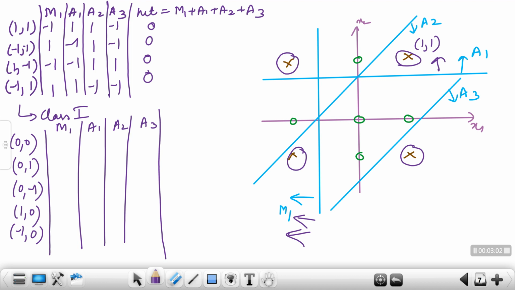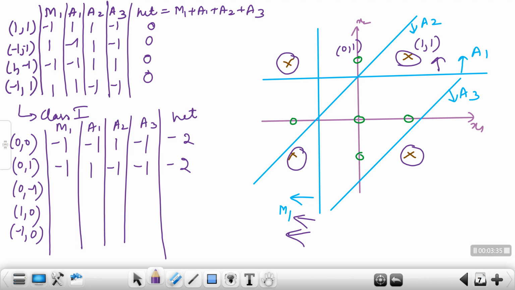Now this we can do from the directions. So for (0, 0), M1 is -1, A1 is -1, A2 is +1, A3 is -1. So I can calculate that net will become -2. Similarly for the point (0, 1), M1 is -1, A1 is +1, A2 is -1, A3 is -1, net is -2.